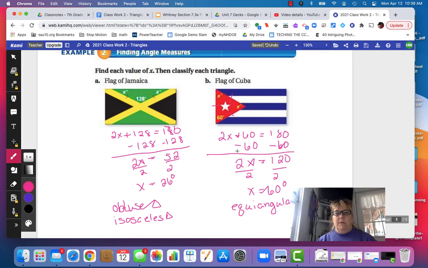All the sides are the same and all of the angles are the same. Don't be fooled into saying this is an acute triangle. While that's technically true, being equiangular is more important than being an acute triangle, so it is an equiangular, equilateral triangle.